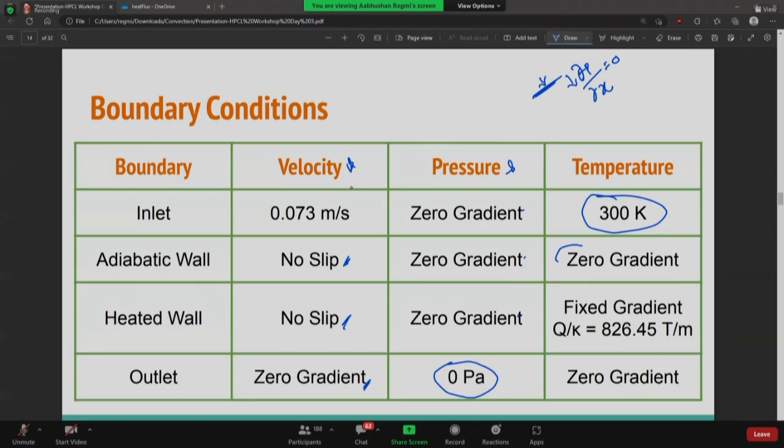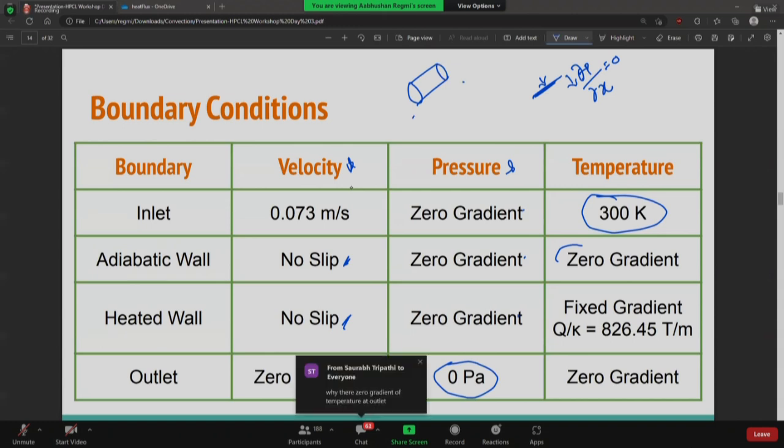Why zero gradient at the inlet? So at the inlet, we are providing zero gradient because we can do one thing: either we can give pressure at the inlet or at the outlet. It doesn't matter. Right now, we are providing zero pressure at the outlet. And what OpenFOAM does during the solving is treat this as a reference pressure, since the value of the pressure doesn't matter, but the pressure difference matters.